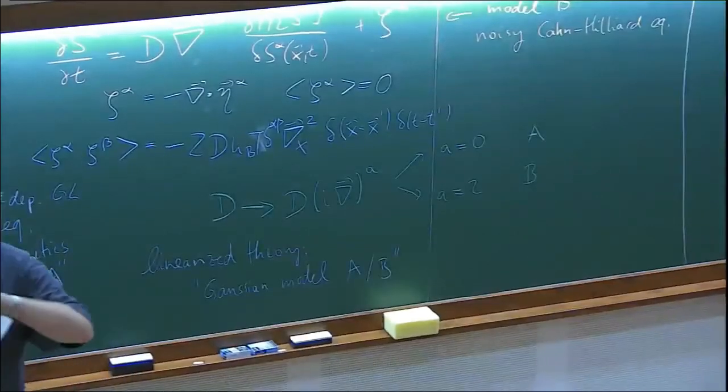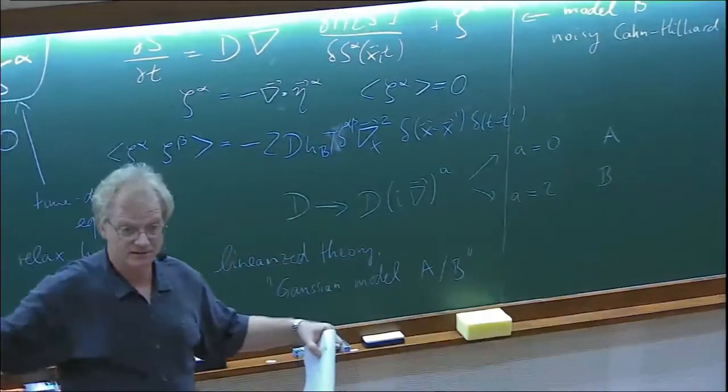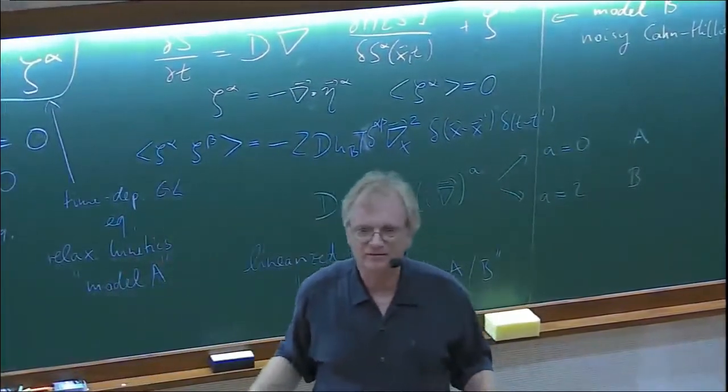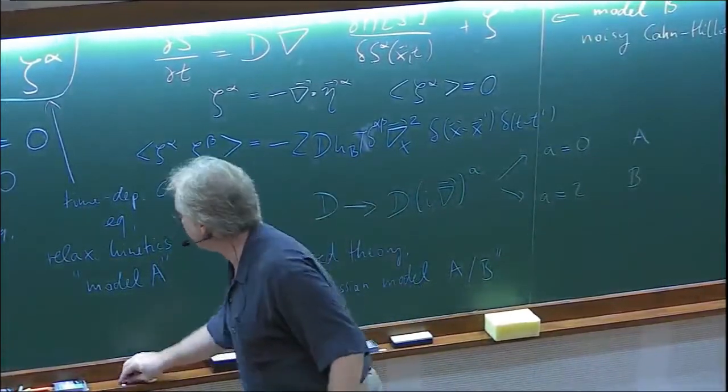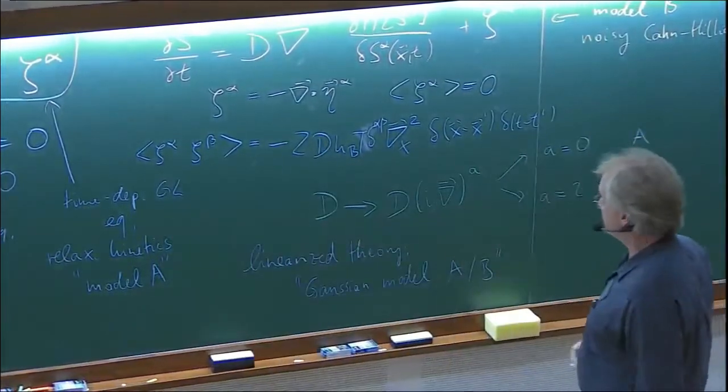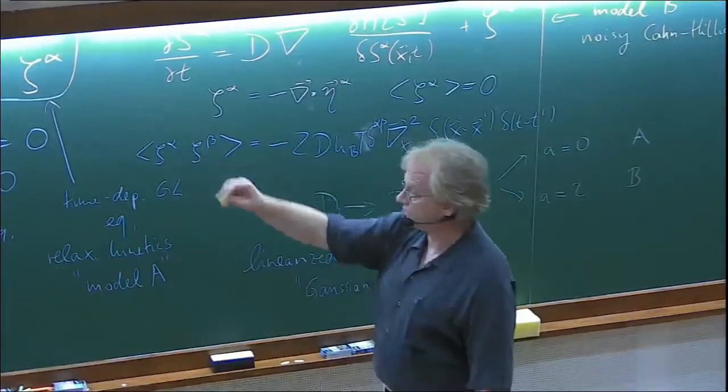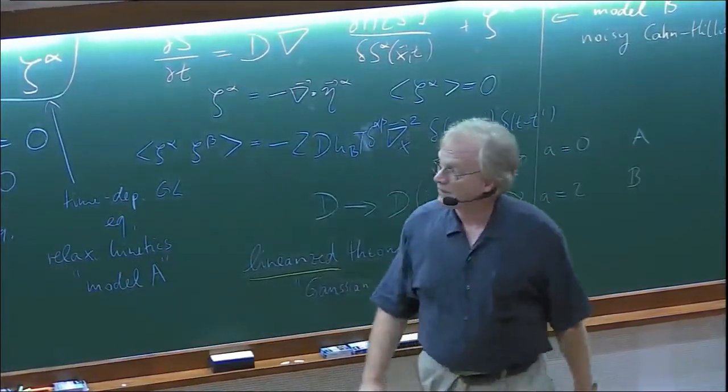In the ordered phase, you have to first expand about the spontaneous order parameter and then throw things away. If you want to know how that works, I think that's on today's problem set. We might discuss that later. So this is the linearized theory. We just throw the nonlinear term away.